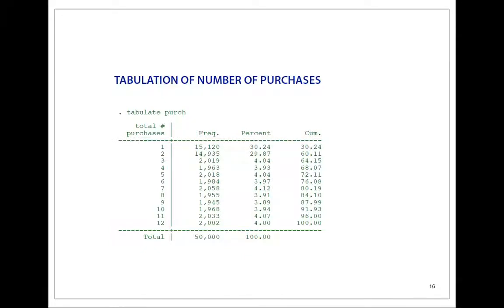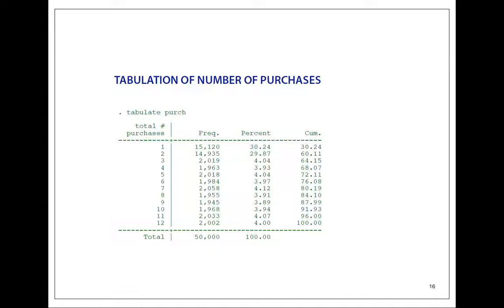The majority of the people bought only once or twice, and the remaining people bought from 3 times up to 12 times. Here I asked Stata to group all these customers into 10 groups, and we have 50,000 customers in the random sample. So if I ask Stata to divide them into 10 groups, in each group I should see 5,000 customers.